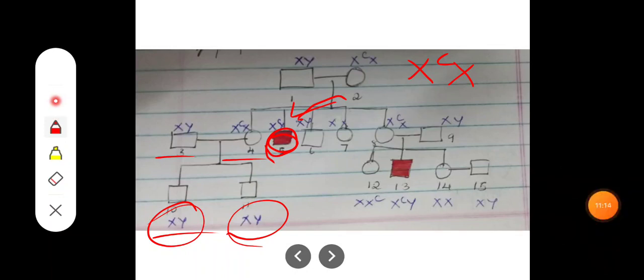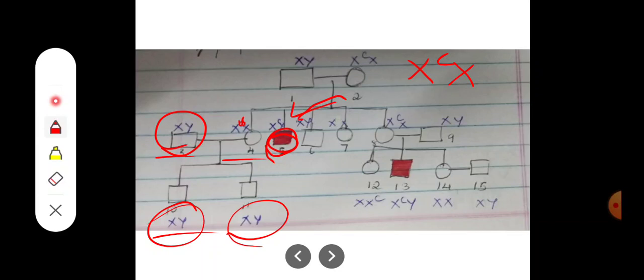Understood? So if you take this case, children, the genotype of the father should be XY and the genotype of the mother should be XX only. Sorry children, I have written C here. It should not be C because both the males are not affected. So it means the mother will not be a carrier. So it is XY and XX.